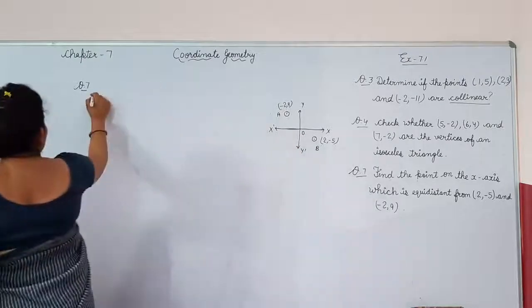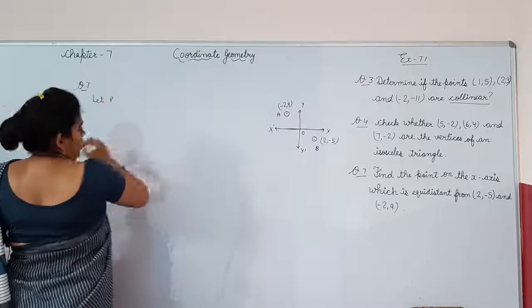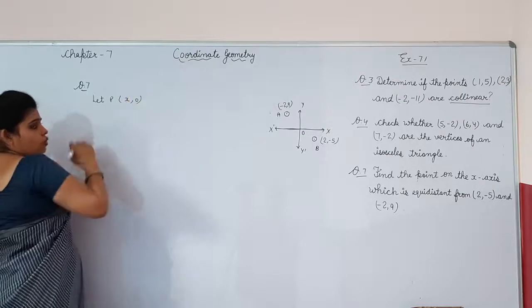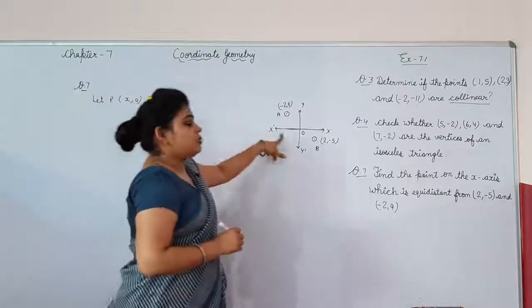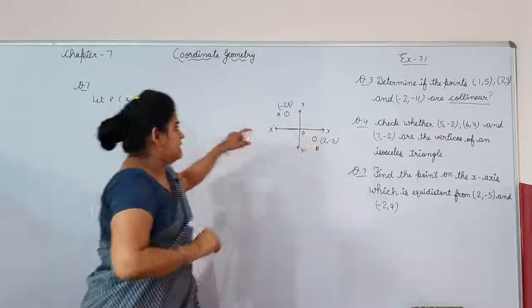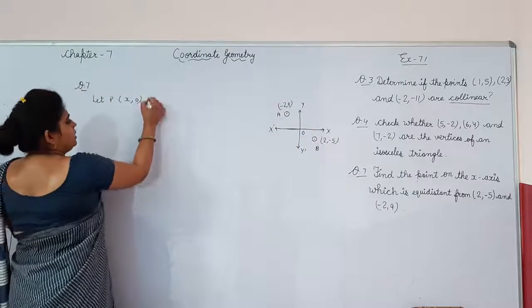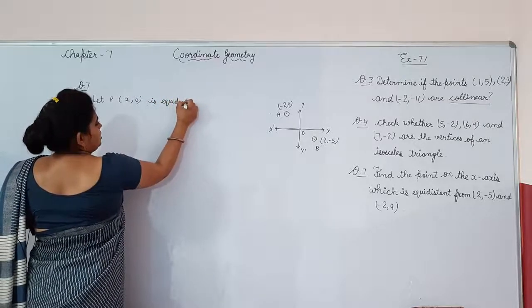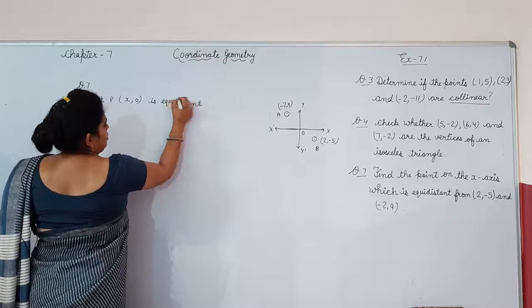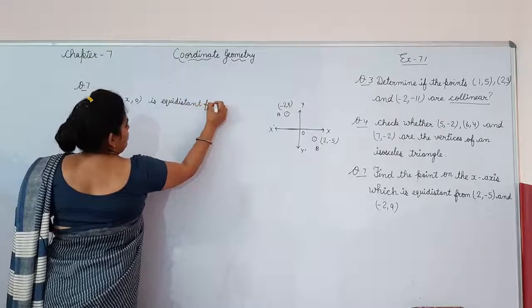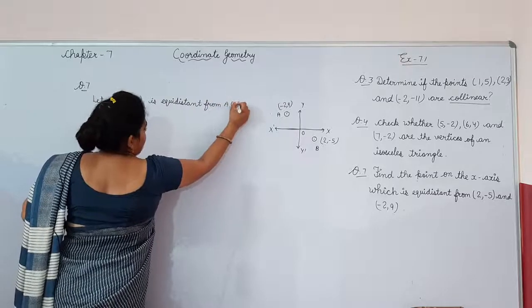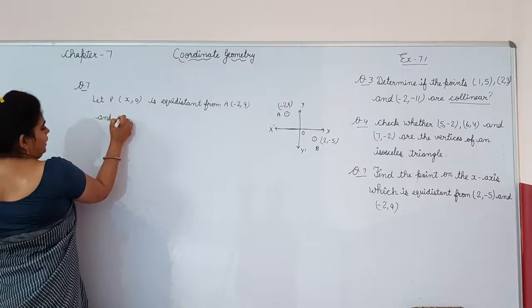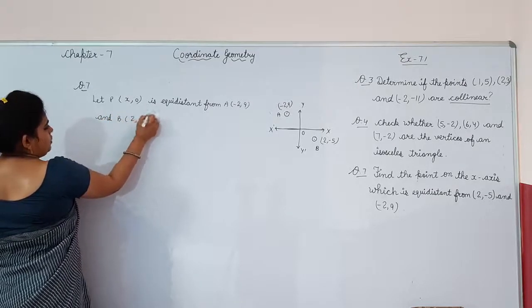So what will we consider? Let P be any point and its coordinates are x and 0. Why have I taken it as 0? Because this point lies on the x axis, and this point P is equidistant from A (minus 2, 9) and B (2, minus 5).